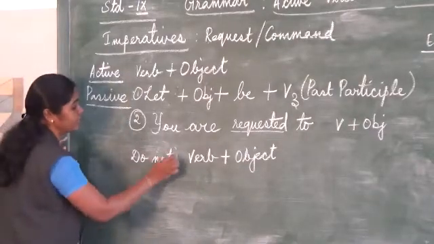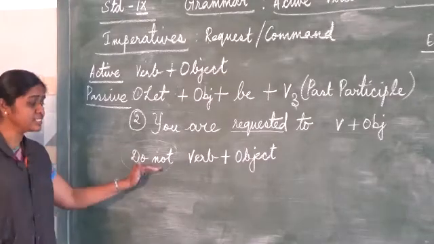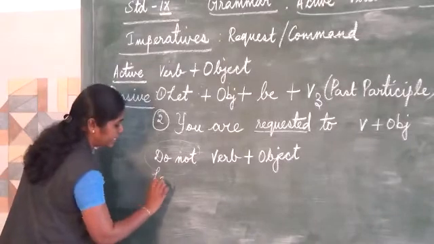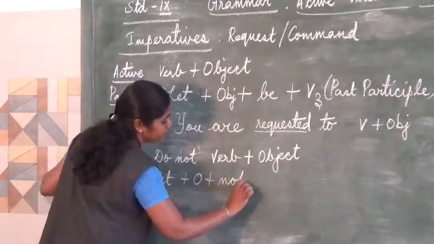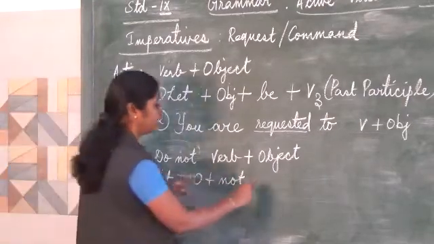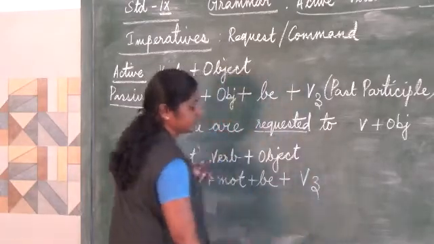This extra part shows that it is a negative imperative. So in this case, how do you write the passive voice? Let, again object, before "be" you have to write the negative word not. Okay, then be, then again V3.